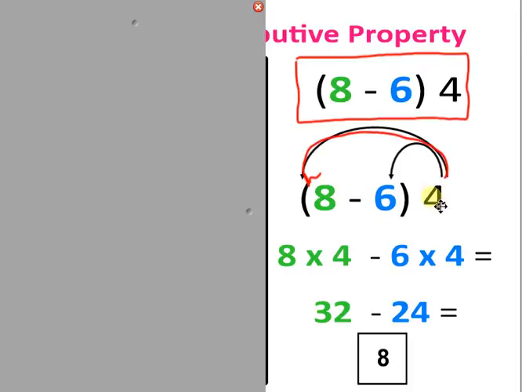So you're going to distribute this 4 to the 8 first, and then distribute it to the 6 next. So 4 times 8 right here, and then our subtraction sign, and then 4 times 6. Now 8 times 4 is 32, and then 6 times 4 is 24. Subtract them, and you get 8.